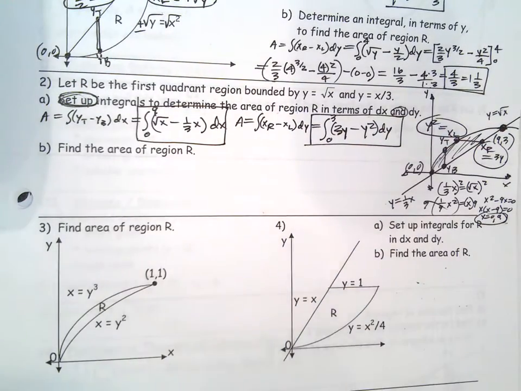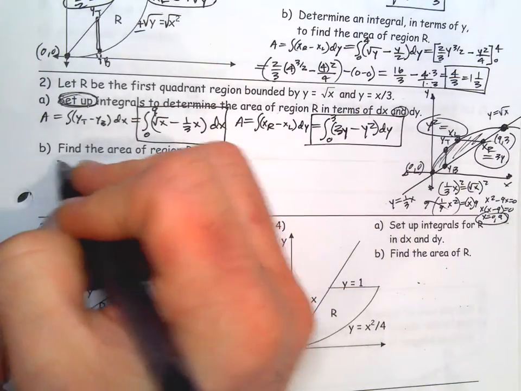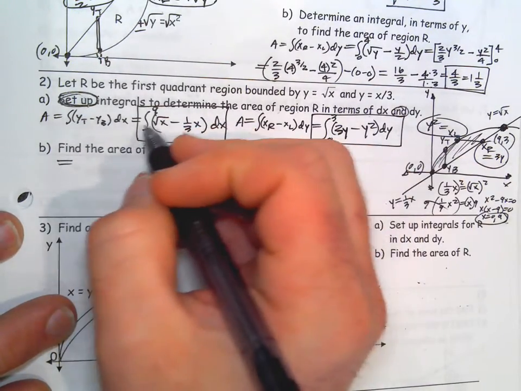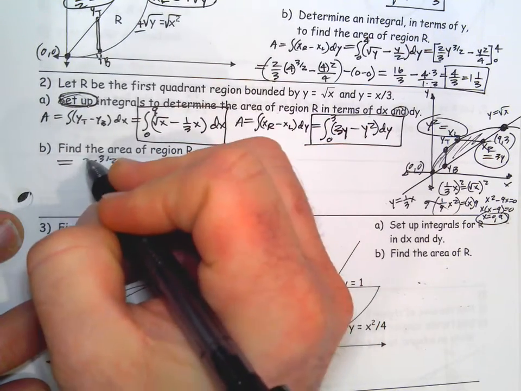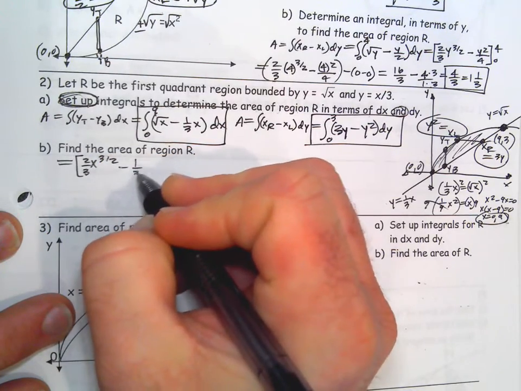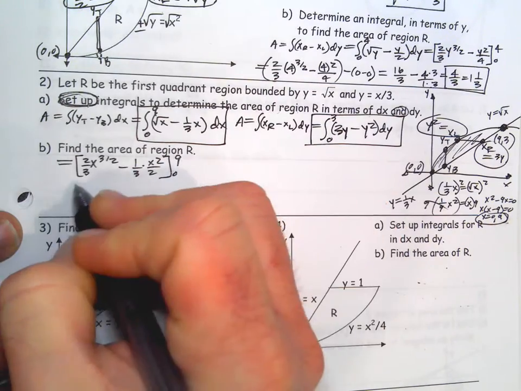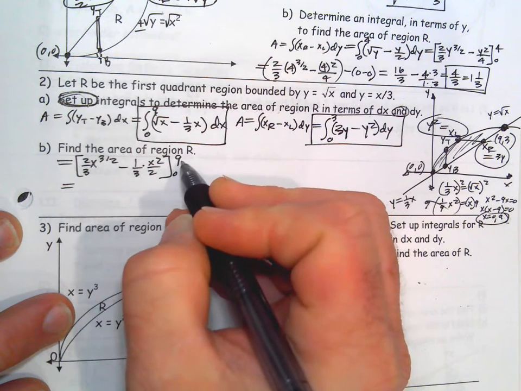So those are the setups. Now let's get the answer. I think the second one looks like it's easier to do. The first one is going to have lots of fractions. But this would be x to the 3/2 divided by the new exponent, minus 1/3 times x squared over 2, from 0 to 9. I'm going to start doing some of the math in my head.